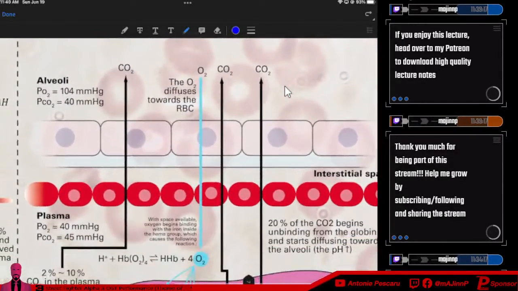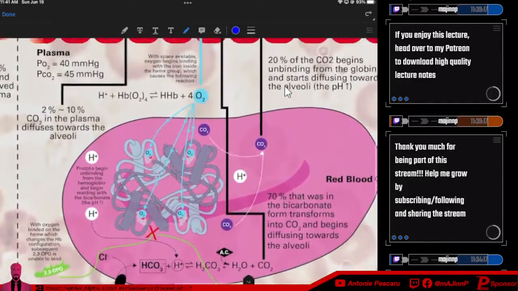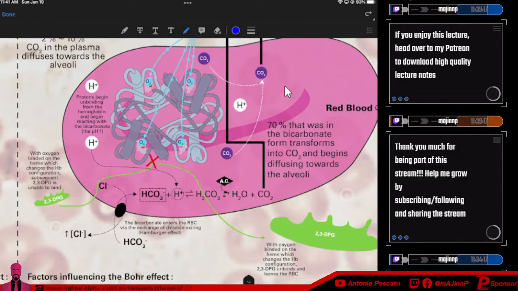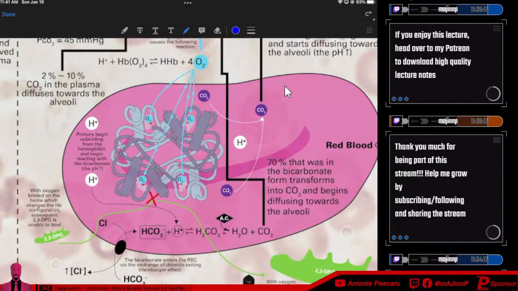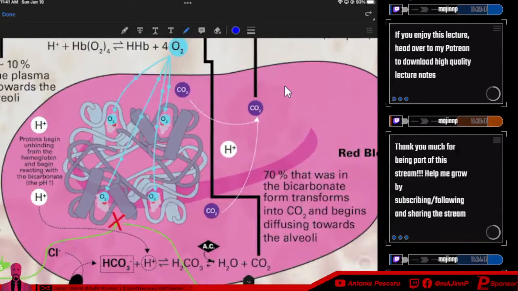The way it does that, and I'm going to start with the longest one first: there is CO2 that is bound here, here, a little bit everywhere. It doesn't bind to the heme. CO2 is never bound onto the heme. It binds onto the globin group, the globin proteins. So it binds here, here, and here.